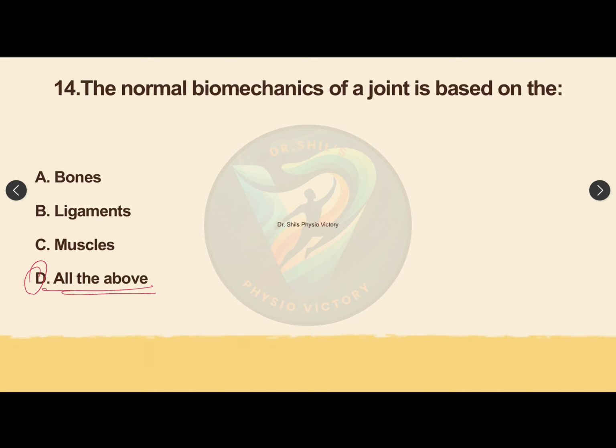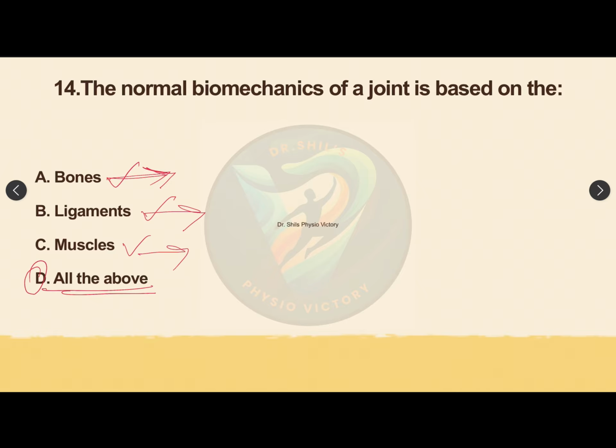Joint biomechanics depends on bone, ligament, and muscle. In bone, the shape and the congruency; in ligament, passive stability and limiting excessive motion; the muscle gives dynamic stability and controlled movement.